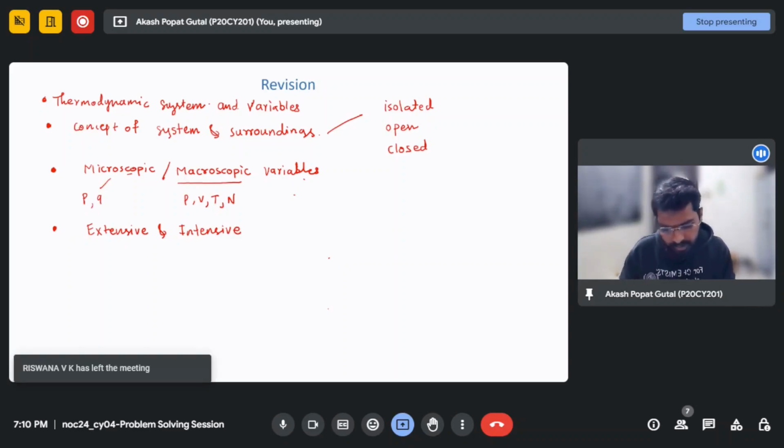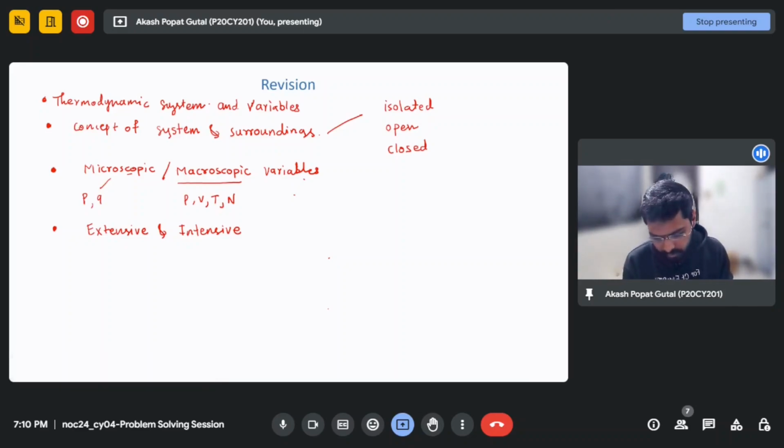Extensive variables comprise those properties of the system which depend upon the quantity of the system, and intensive variables are those whose properties do not depend upon the quantity that we take of the system.